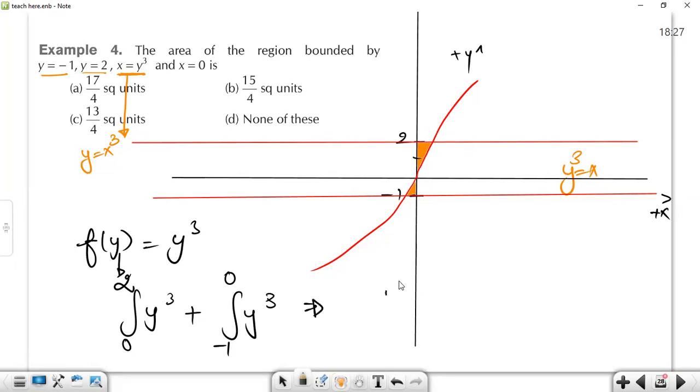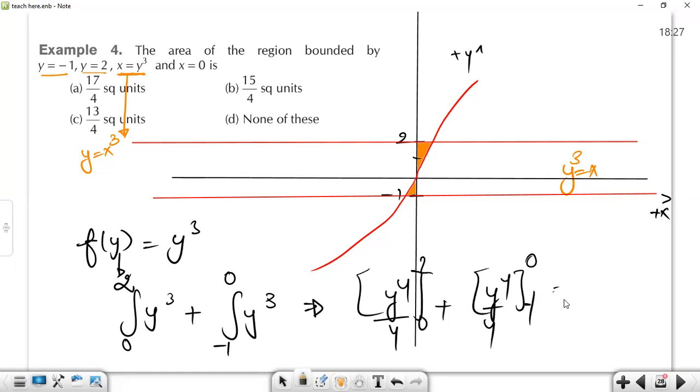Then the integration of y cubed is basically y to the power 4 by 4, and the same goes for the other term, with different limits, 2 to 0 and 0 to -1. We are adding the areas, so there will be no subtraction.